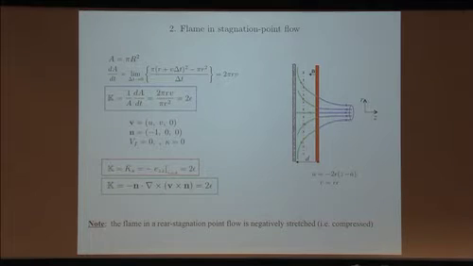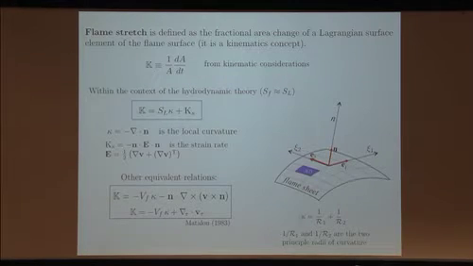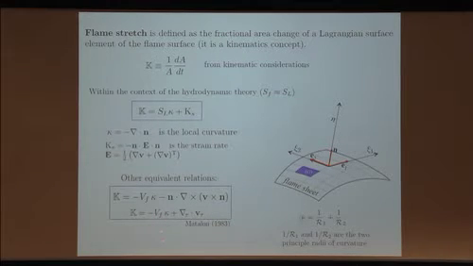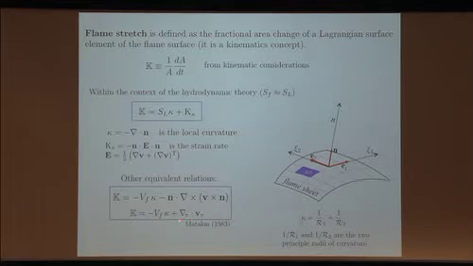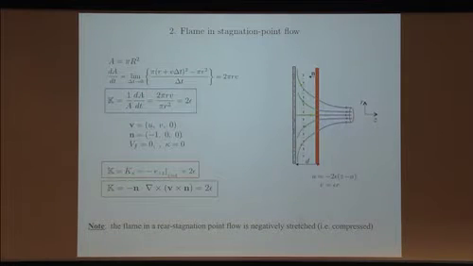For a stagnation point flow, this expression is quite convenient because you see the flame is stationary, it's not propagating, so this is 0, and the tangential velocity is the v component along the surface, and that gives you immediately the strain rate epsilon.